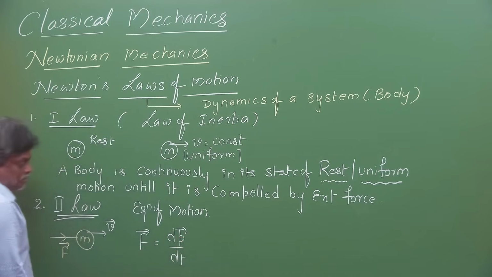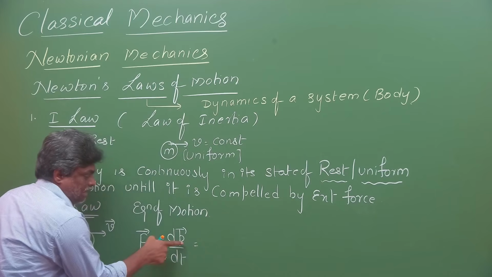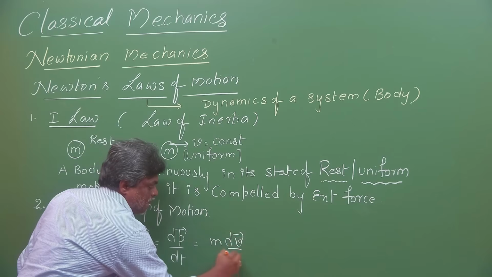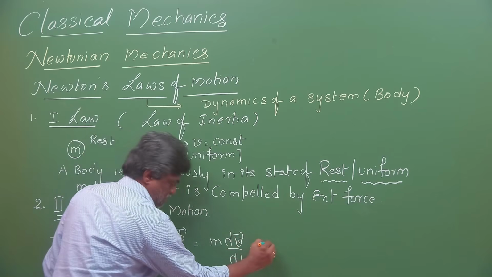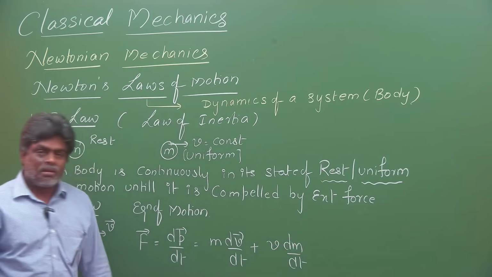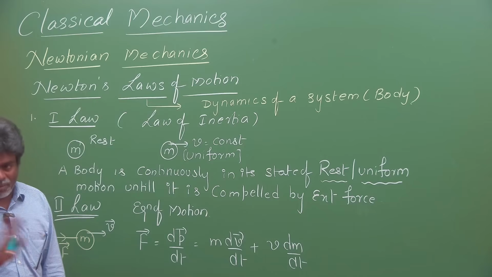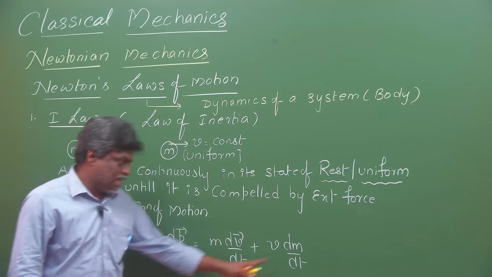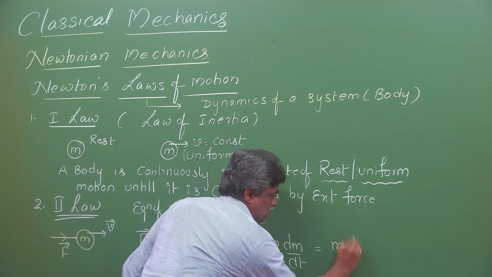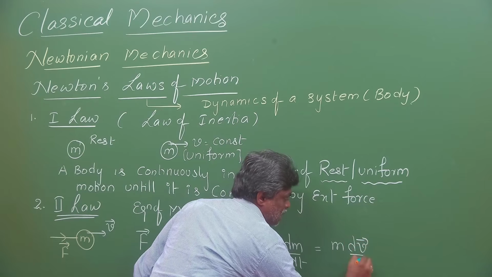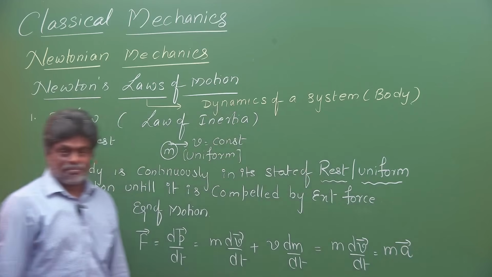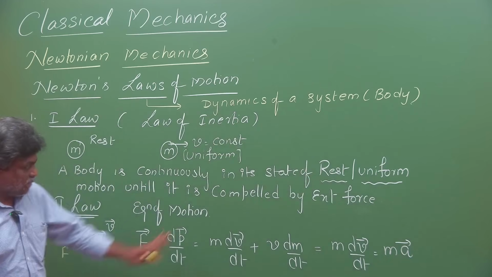And this can be written as m dv/dt plus v dm/dt. But generally for all our problems, for all our applications, we will take m as a constant. That's why this is equal to m dv/dt, which is equal to m a. So this is the equation of motion.